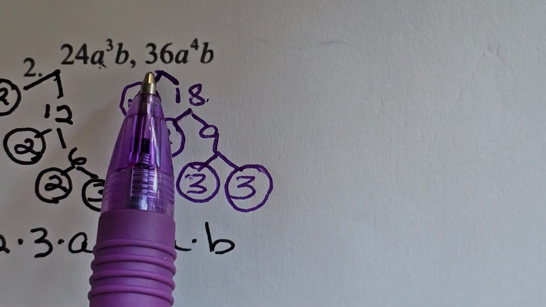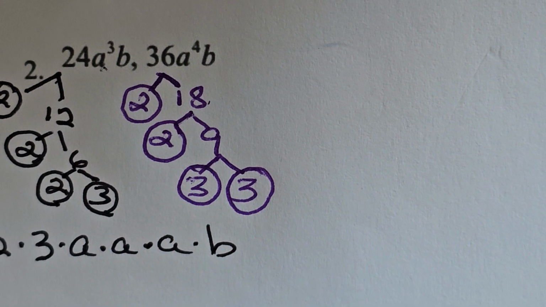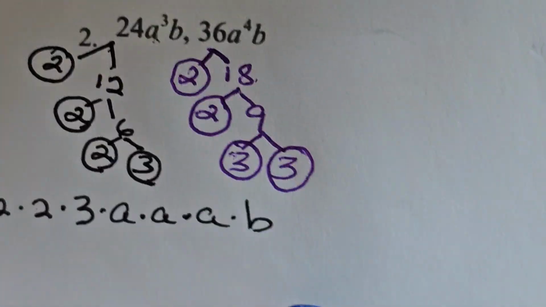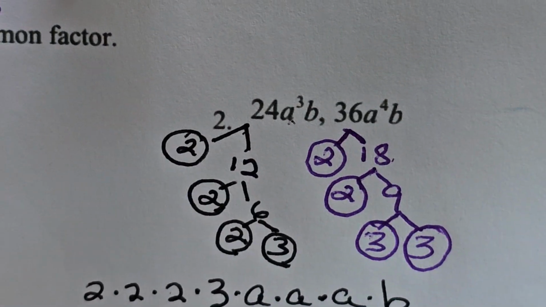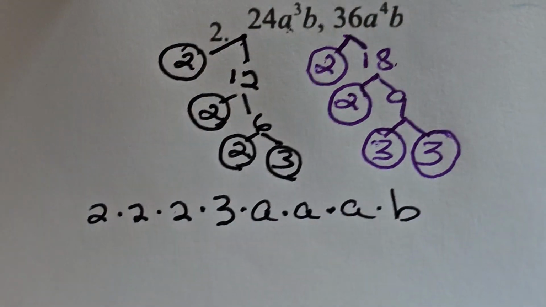Now we've got 36 a to the 4th power times b. So I'm going to expand that one. And actually what I'm going to do is write it directly underneath so that we can really compare them, okay?